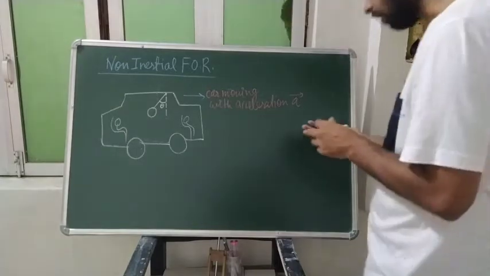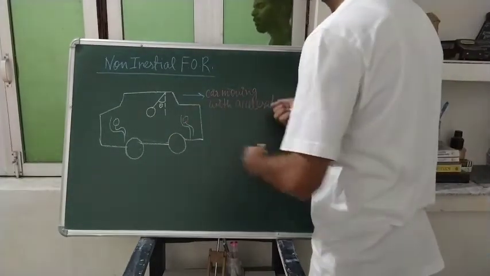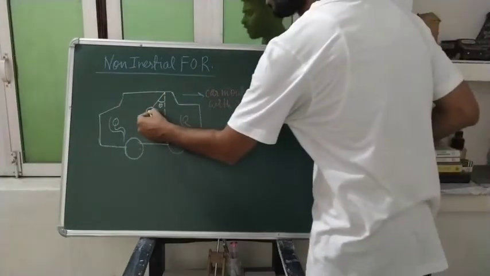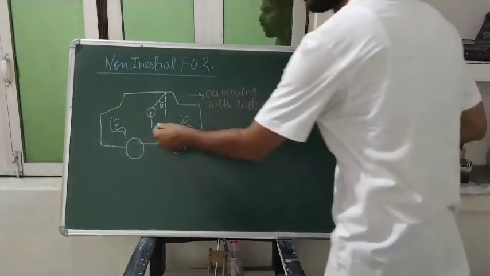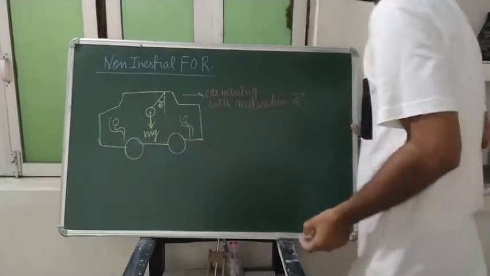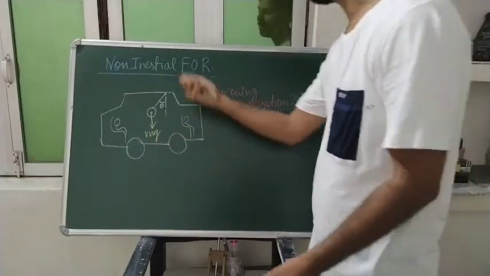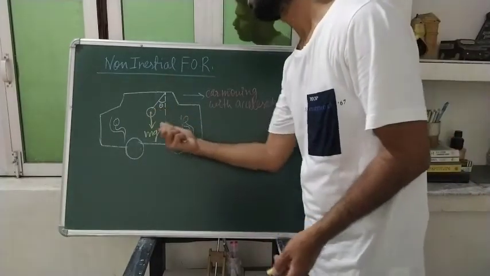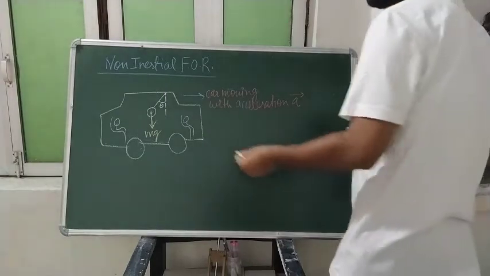So you are observing the bob, and when the car is accelerating and the pendulum is making a certain angle with the vertical, what are the different forces acting on this bob? The mass of the bob will have the weight mg, which acts in the downward direction due to gravity.